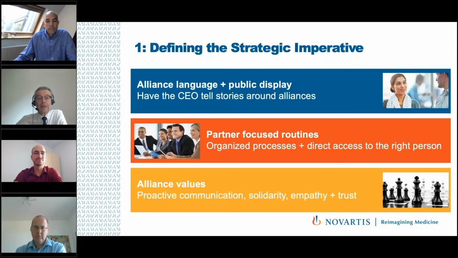For example, having your CEO tell stories about alliances. The organization having partner-focused routines and organized processes. And one of them is the existence of direct access to the right people in the respective organizations. And the alliance values exemplified by proactive and candid communication with each other. Slide number 6.